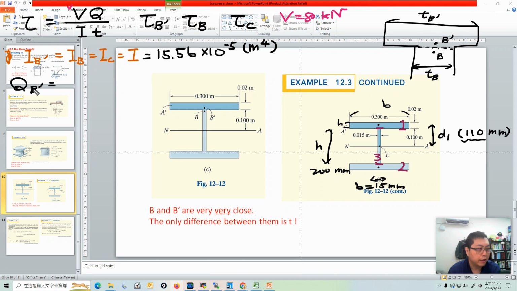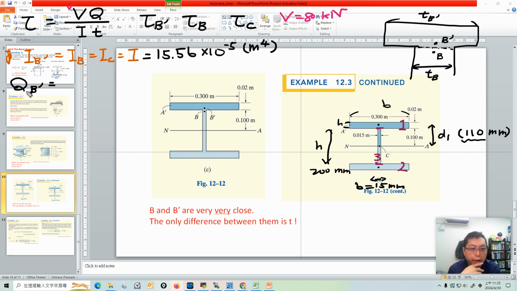QB prime is just the first moment of area. It's just area times the distance between the neutral axis and the centroid of the area. That's it.